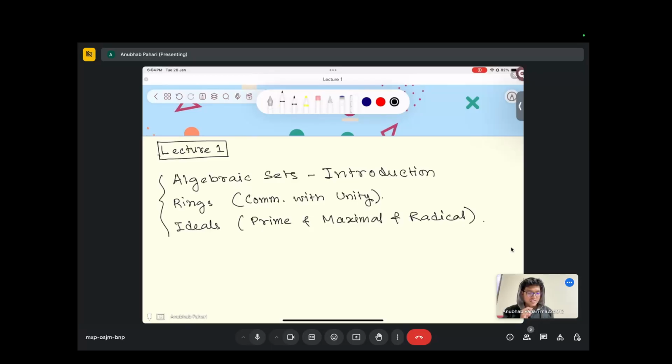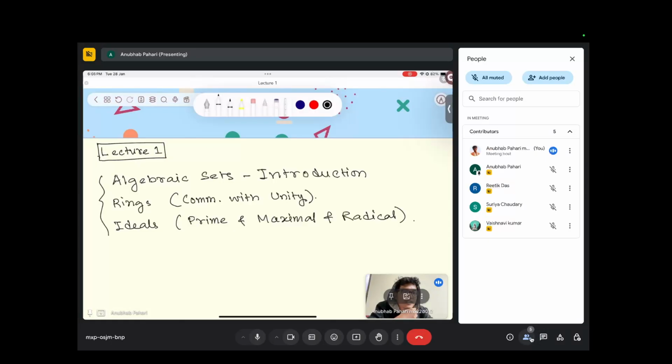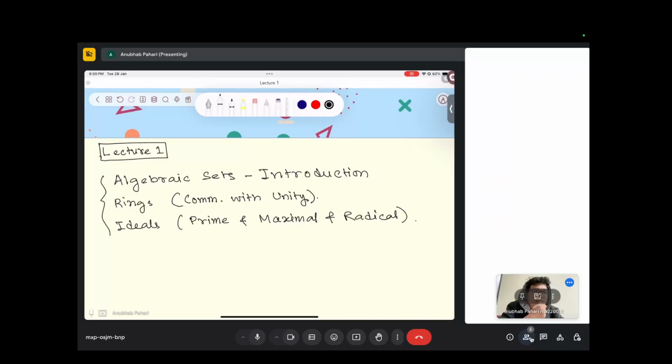So first of all, I want to know if you attended the classes. If you are not able to talk, then you can just write yes or no. No. Okay. What about two other people, Vaishnavi and Ritik?